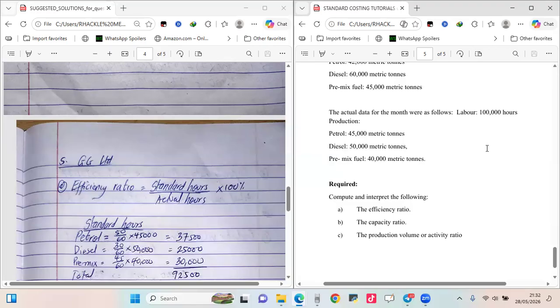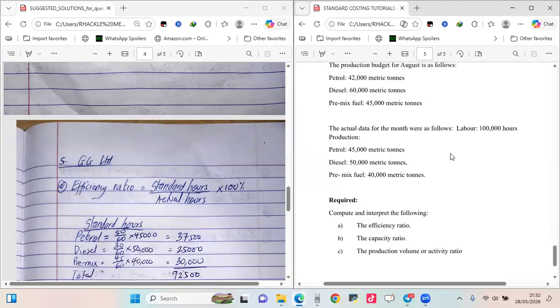Then the capacity ratio also lets us compare the actual hours to the budgeted hours, right? And the production volume or activity ratio, we are just going to now compare the standard hours to the budgeted hours. Now, let's read the question.